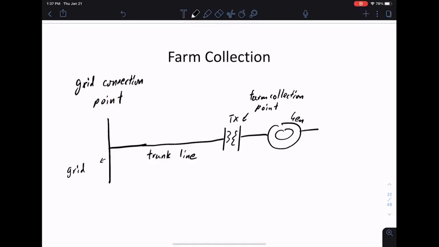Let's say this is a generator, with a gearbox, and these are the blades. The generator connects to the farm collection point, goes to a transformer, goes through a trunk line, then connects to the grid side transformer.